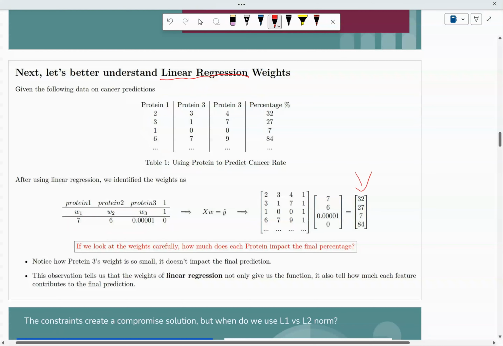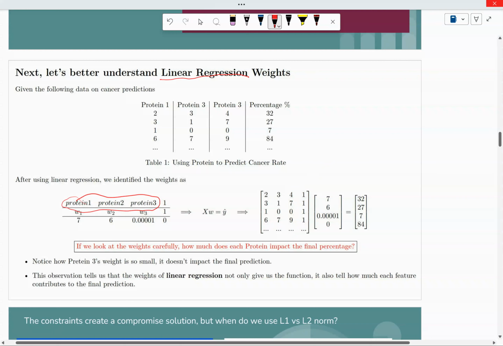And when we do that, if you look at the weights really carefully, can you identify which protein is more important in terms of its impact on the final solution? Well, if you look at this multiplication, because this value is so small, the third protein really doesn't matter. It doesn't matter what value you pick, right? Whereas the first protein is quite important. Therefore, what this is telling you is the third protein's values really don't matter and have very little impact.